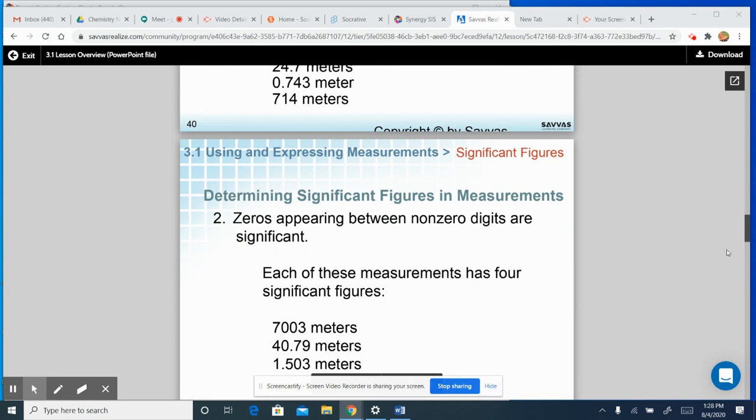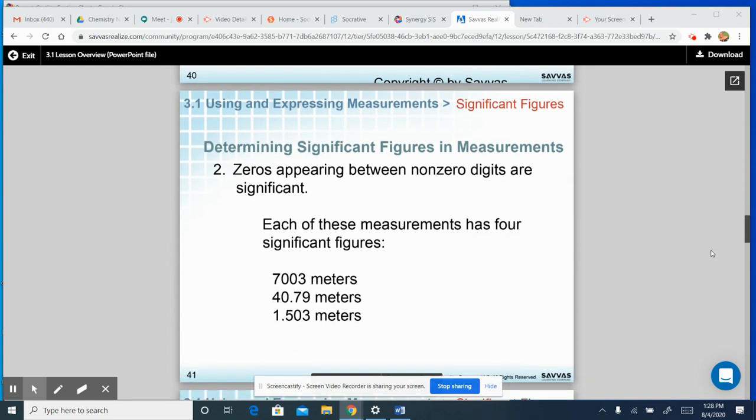Now, when we see a zero between two non-zero digits, they are always considered to be significant. Those are often called trapped zeros. So in 7003, the 7, the 0, the 0, and the 3 are all considered to be significant.